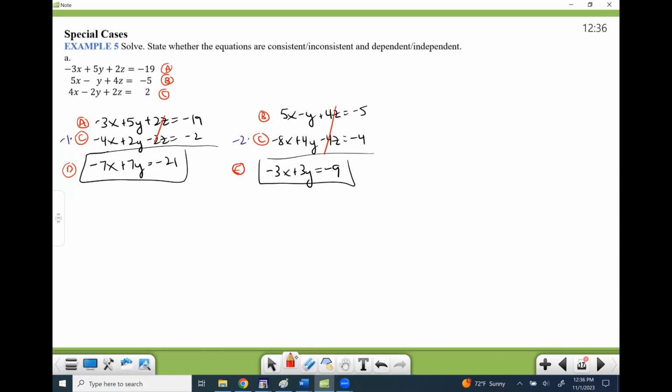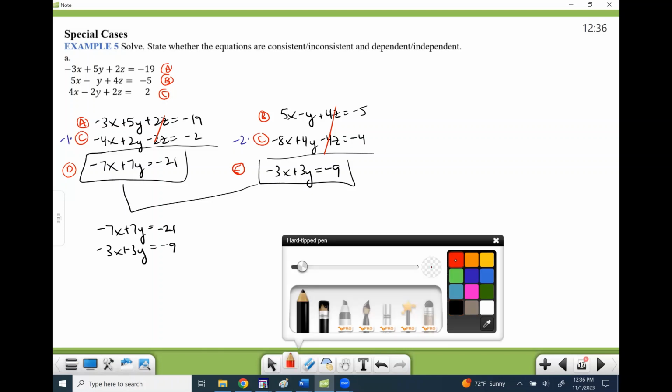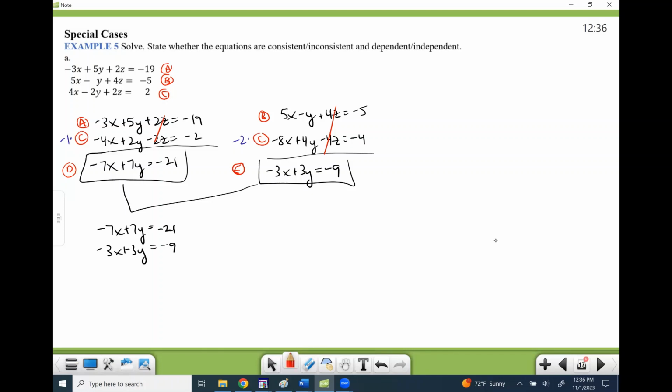So now we're going to put D and E together. Oops, I forgot the negative on the 21. Okay, so doesn't matter what we get rid of. Let's say that we choose to get rid of the y's, for example. So if I multiply by a 3, I'll get a 21. So I'll need to multiply by a -7 to make that a -21.